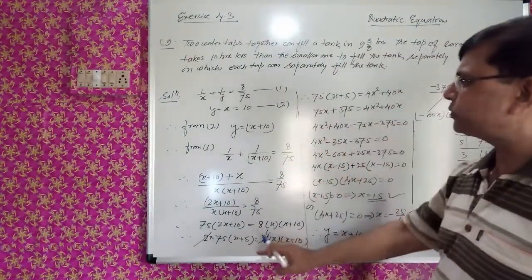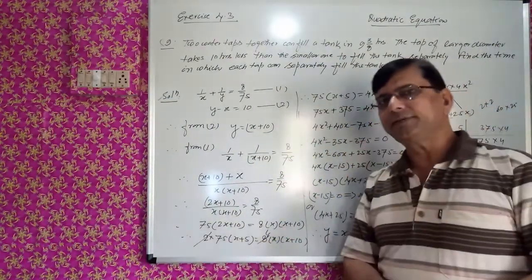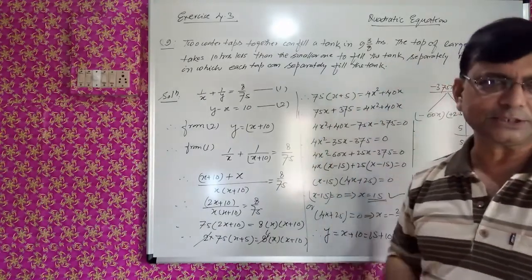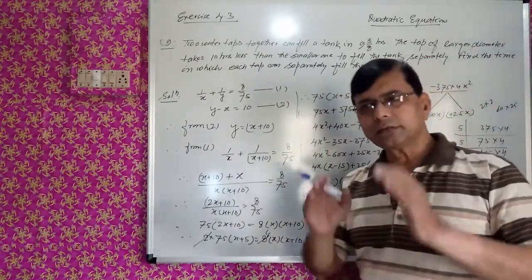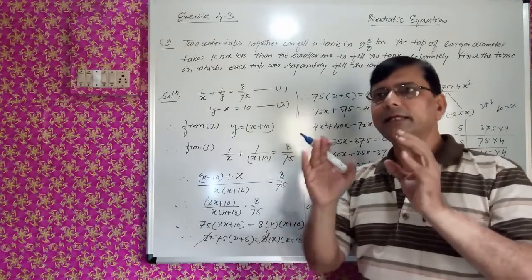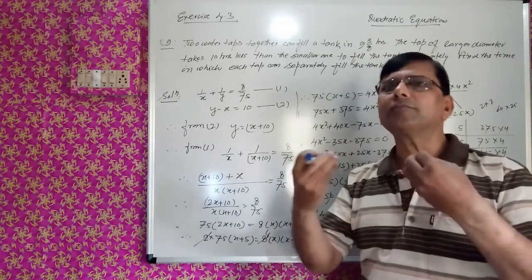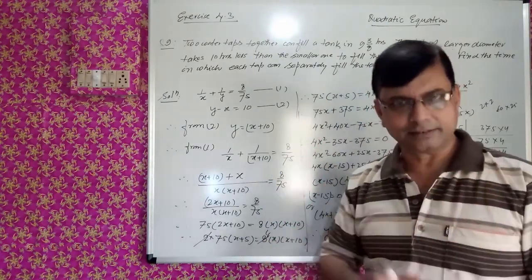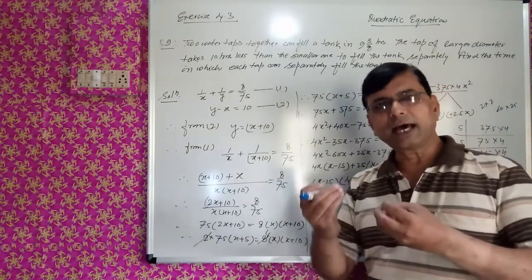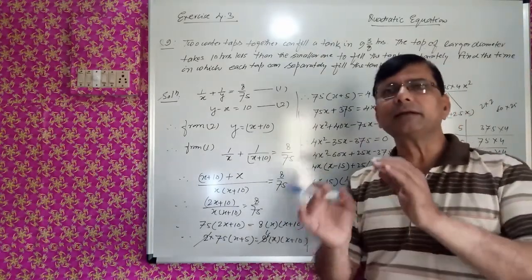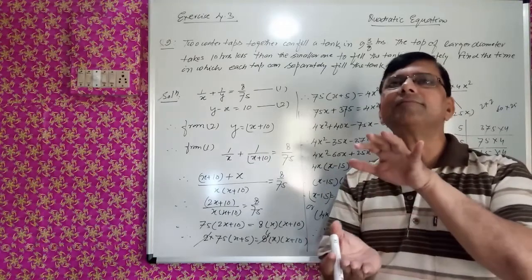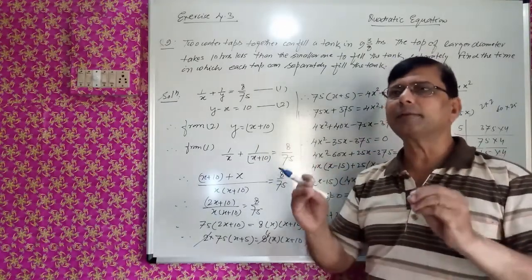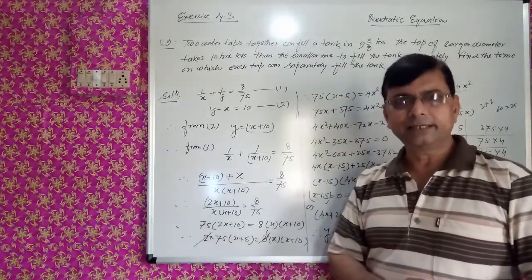So this way, this is the procedure. An important thing which I have been telling since the beginning, that in such cases we will see the amount of water coming in 1 hour, right? In 1 hour, how much water is coming, means what portion of the tank is getting filled. Portion means I am talking about the volume of the tank, right?